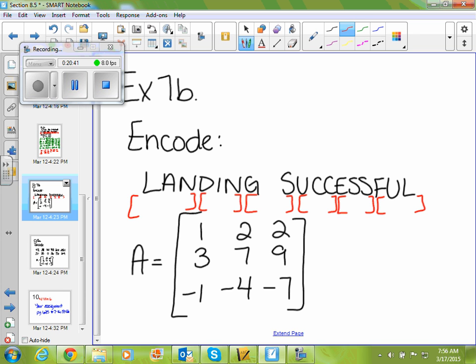Okay, so I'm going to start looking up those letters on my cryptography sheet. So I know that L is 12, A is 1, N is 14. I know that D is 4, I is 9, and N again is 14. I know that G is 7, a space we use 0, and S is 19.